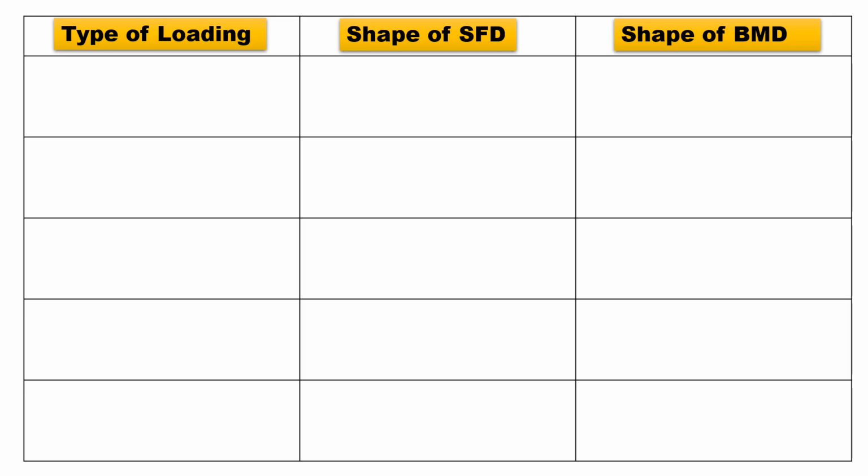So if there is no loading on the beam, meaning the span is empty, then the shape of the SFD is a straight line. For BMD the line is inclined, so draw an inclined line for BMD in case of no loading.